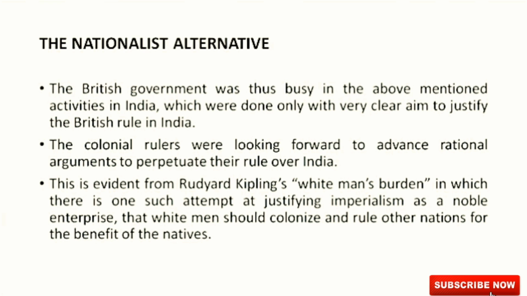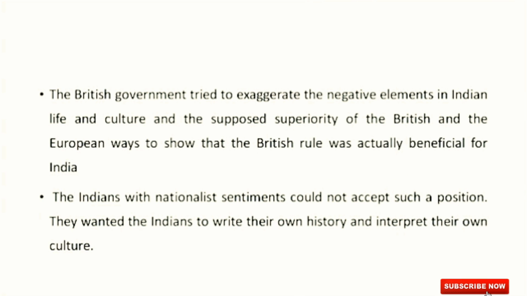For example, he wrote a poem, The White Man's Burden, in which there is one such attempt to justify imperialism as a noble enterprise, that white men should colonialize and rule other nations for the benefit of the natives of that nation. The British government tried to exaggerate the negative element in Indian life and culture and the supposed superiority of the British and the European ways to show that the British rule is an inevitable necessity of India.